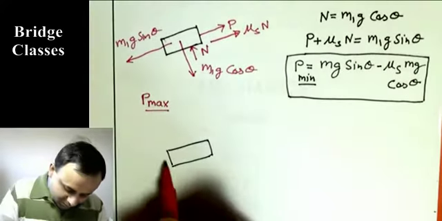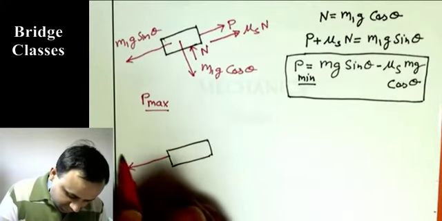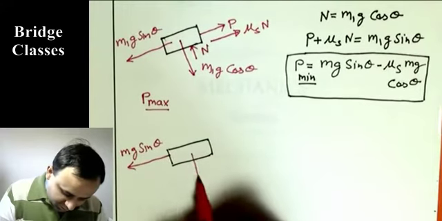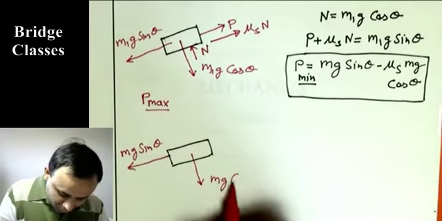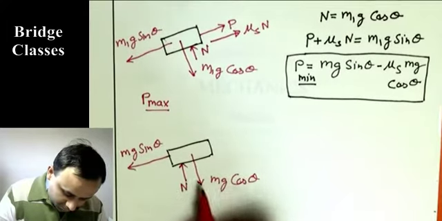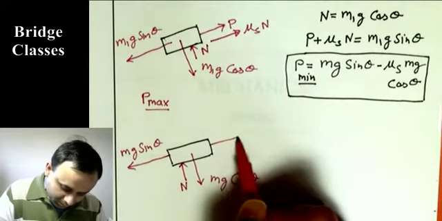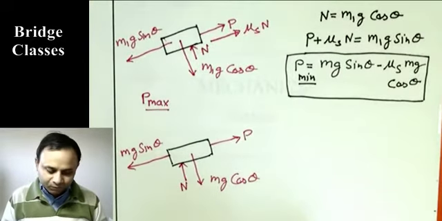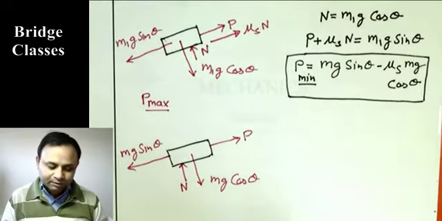All these forces remain in the same way. This will be mg sin theta, mg cos theta, normal reaction N, this force P because of the rope, and now friction mu s N. We have to find maximum P at which the body is still stationary.